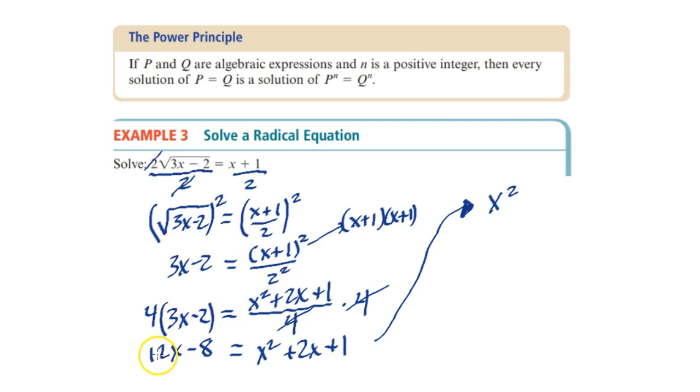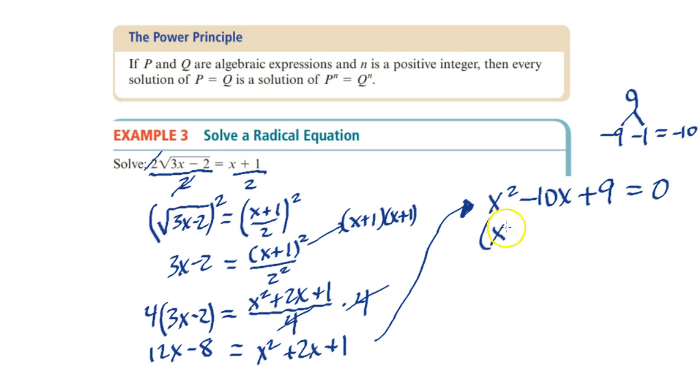Plus, so I would subtract 12x, so that would be minus 10x. And then add 8, we get 9 is equal to 0. And notice that 9, so we want to factor this, so notice 9 will factor to -9 and -1, and that will add up to -10.